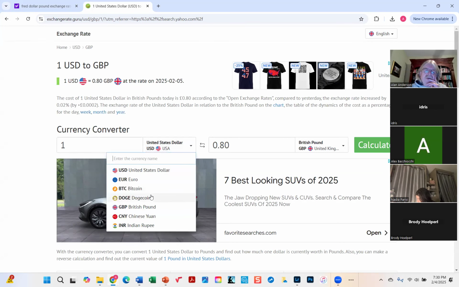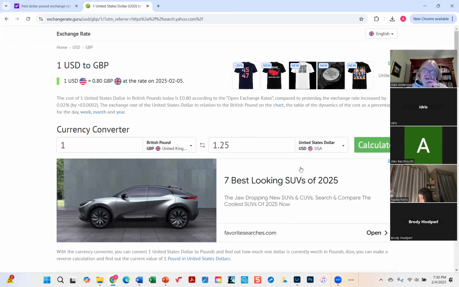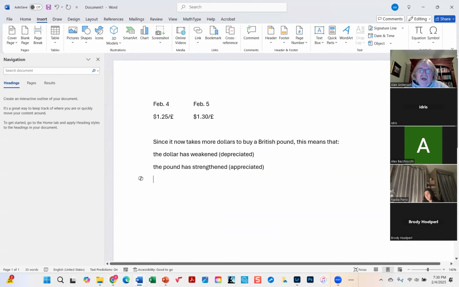So let's change it to pounds per dollar. Now, by the way, if you notice, it looks backwards. Notice how pounds are here and dollars are here. But yet, in spite of that, this actually means $1.25 per pound. So that's why I've written it like this.